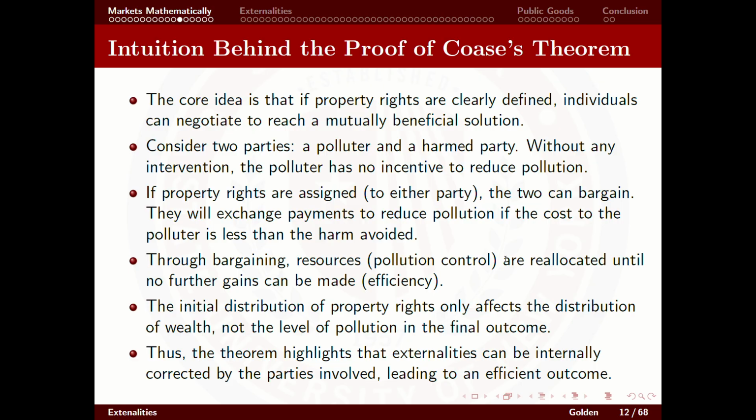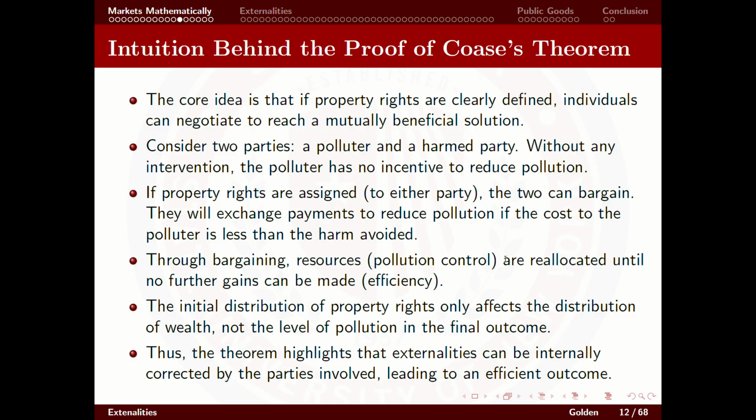So through bargaining, resources are allocated until no further gains can be made. The initial distribution of property rights only affects the distribution of wealth, not the level of pollution in the final outcome. This is an important thing to think about: as long as you have property rights, and the property rights are correctly given, externalities aren't really a problem.